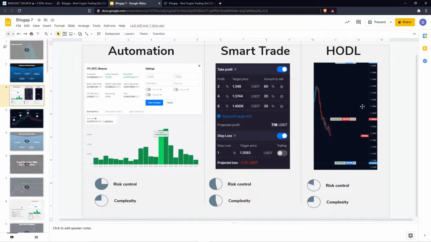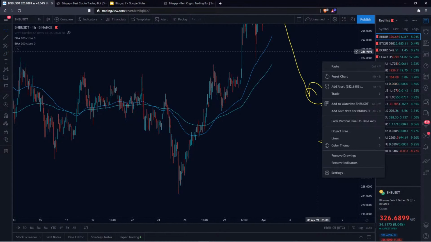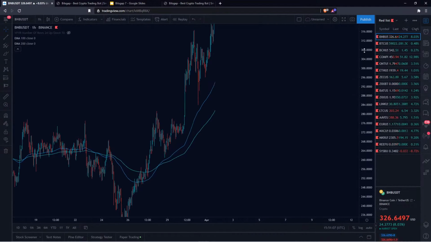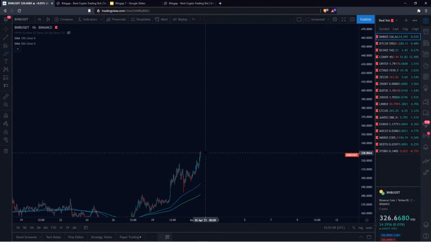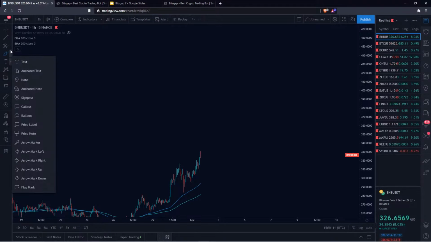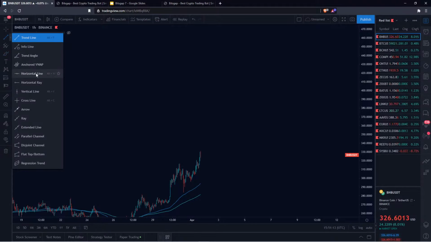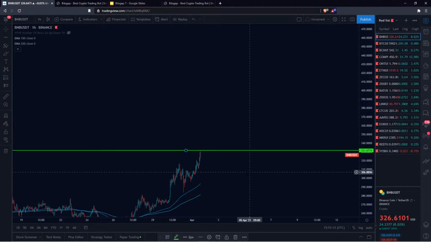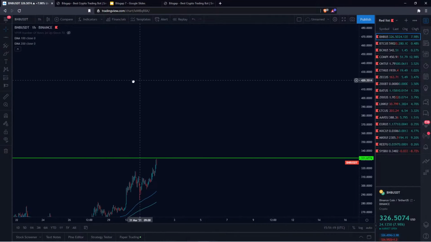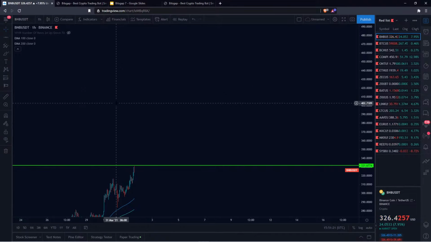Yeah, so Hodl implies that you don't have the take profit, you don't have the stop loss. Here, you just buy the crypto. Let me just show you on the chart here. So let's say you bought it here. Let's use the horizontal green line. And then you just do nothing about the coin.